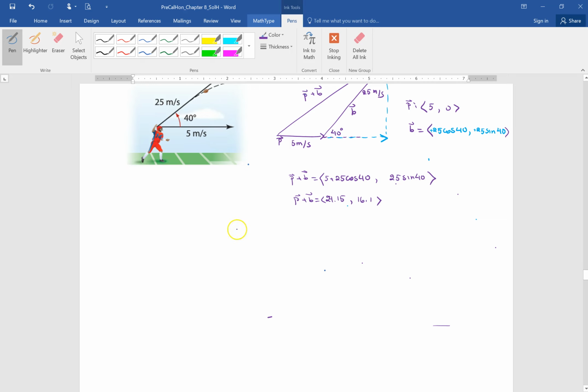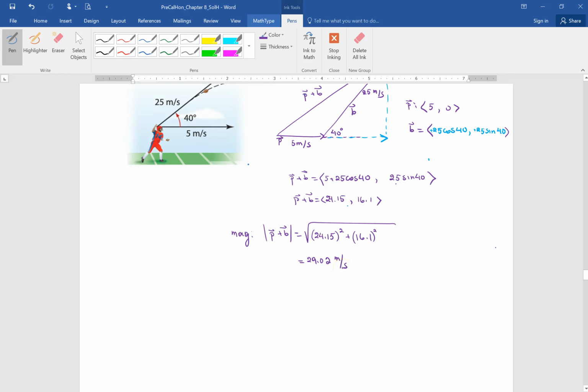Now, I need the magnitude. P plus B's magnitude is the square root of 24.15 squared plus 16.1 squared. Okay, so how much is that when you take a square root? 29 meters per second.